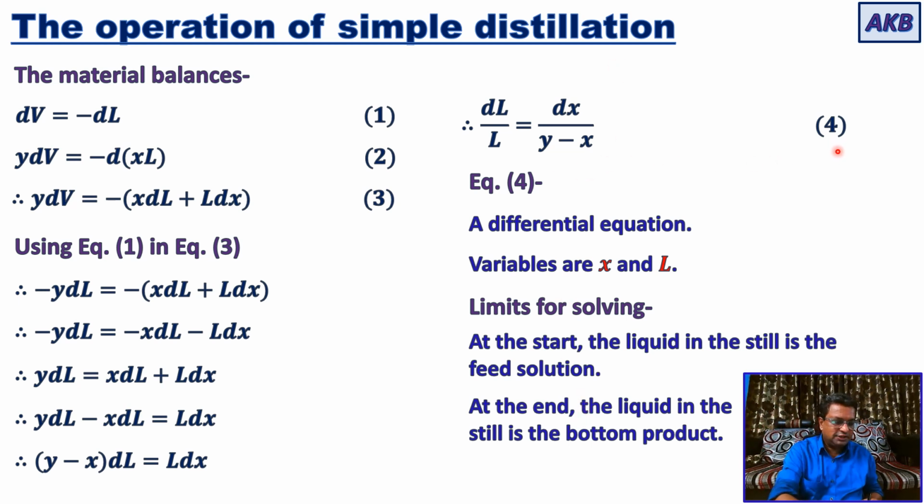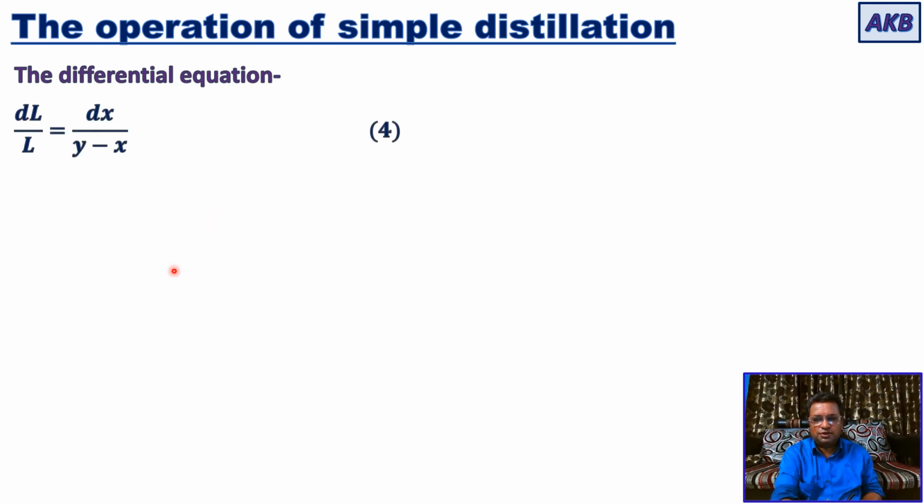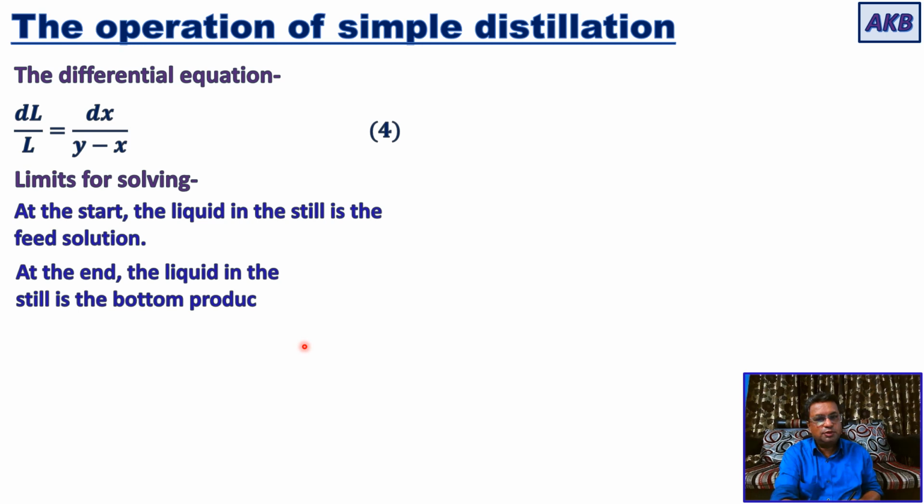Now let us understand this. The differential equation we got previously was equation number 4: dL upon L is equal to dx upon (y minus x). Now what are the limits? At the start, the liquid in the still is the feed solution, whereas at the end, the liquid in the still is the bottom product.